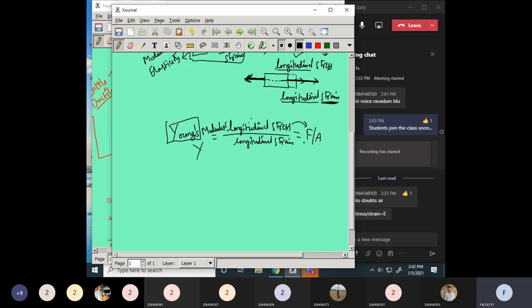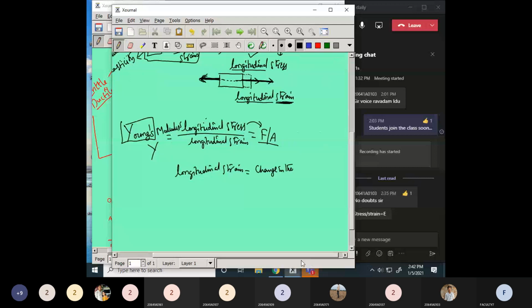The numerator is force per unit area. Now what is the longitudinal strain here? Longitudinal strain is given as the change in the length divided by the original length. What does that mean?